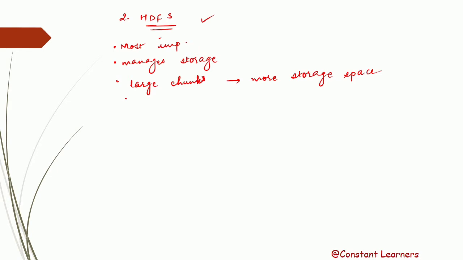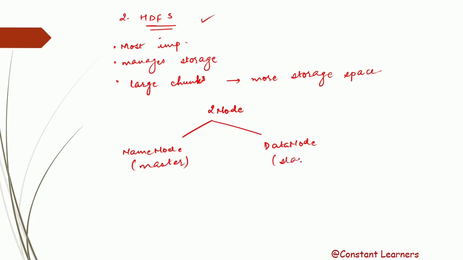Now HDFS consists of two nodes. One is the name node and the other one is the data node. See, as the name suggests, you can understand this is the name and this is the data. Name node is the master and the data node is the slave.